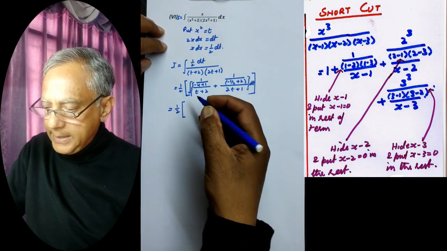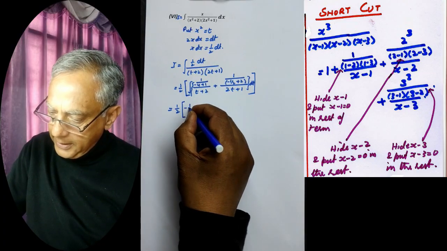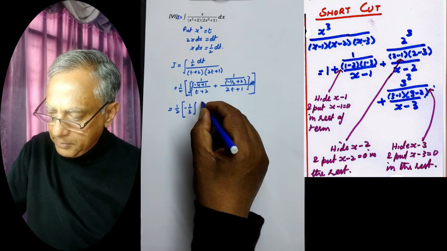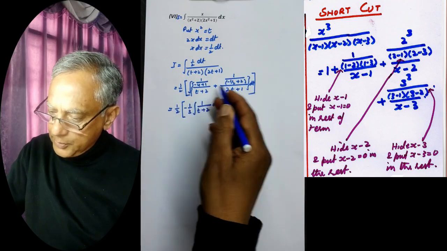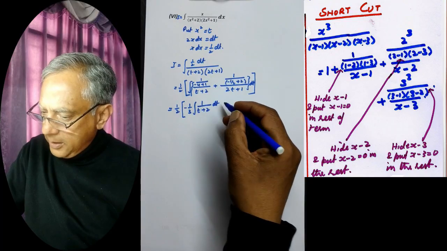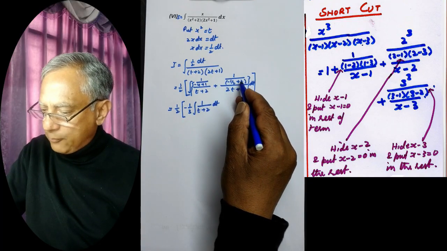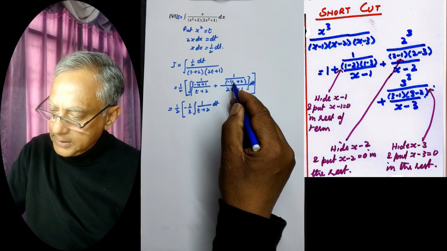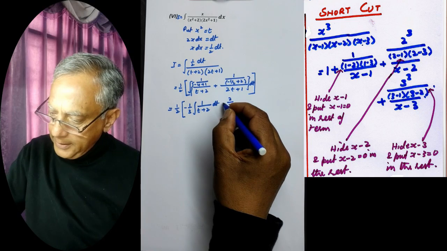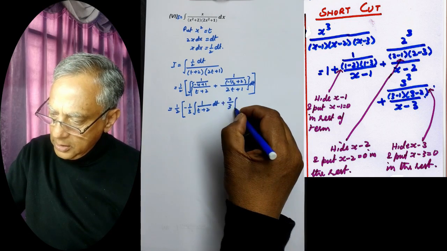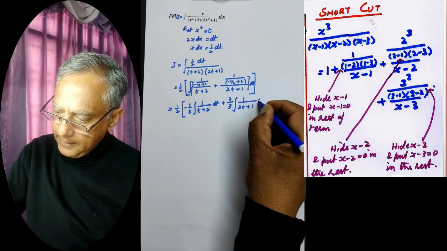This is minus 3. So this will be minus 1 by 3 integral 1 over t plus 2 dt. I am separating these terms. And this will be 2 twos are 4, 4 minus 1 is 3. So this is 3 by 2, so we will have 2 by 3 into integral of 1 over 2t plus 1 dt.